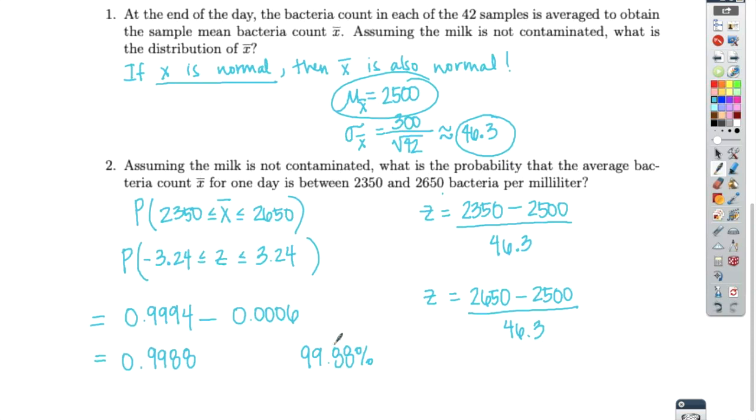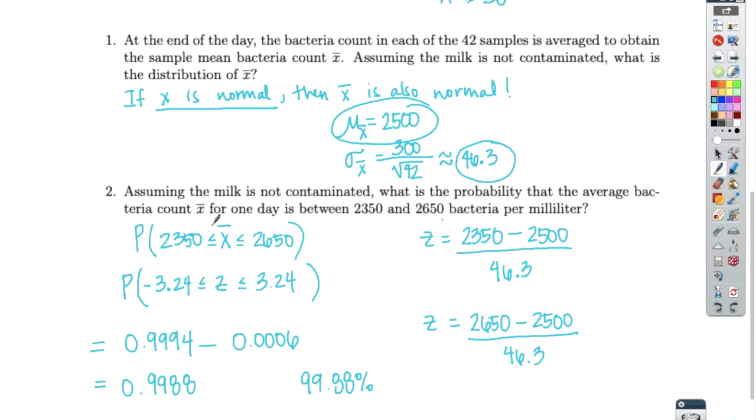It's 99.88%. And it was okay for us to do this and use all these facts that we know about normal distributions because our sample size was big enough. So just to clarify again why this is a friendly process, if we don't have a normal distribution, we can't convert to z.